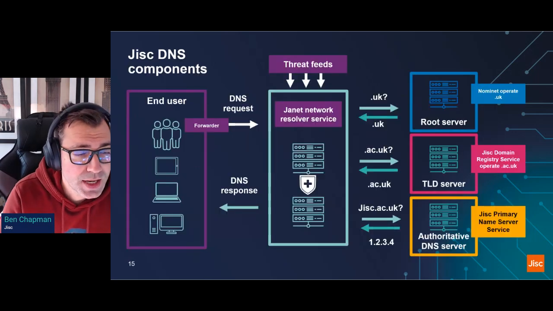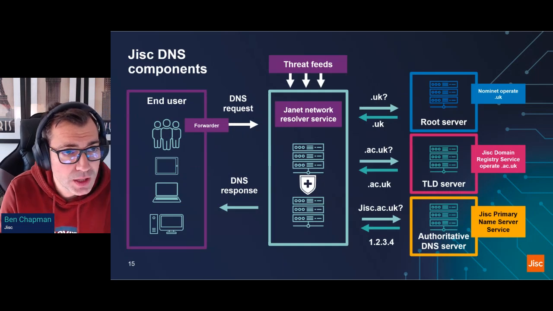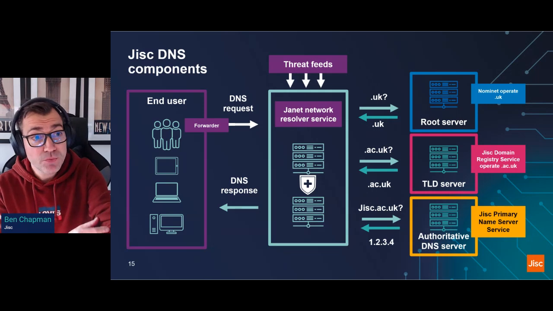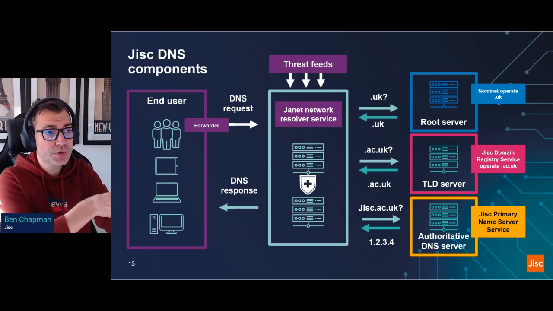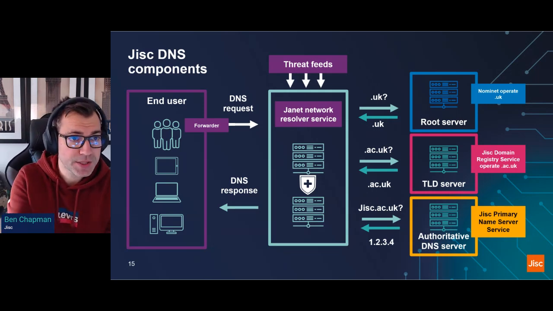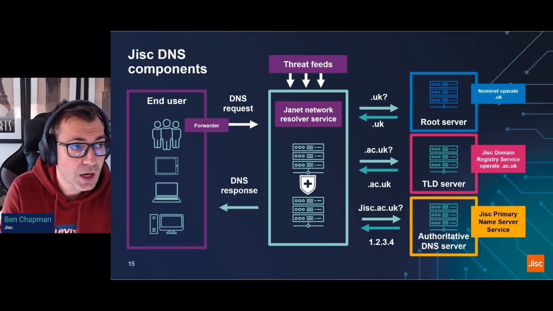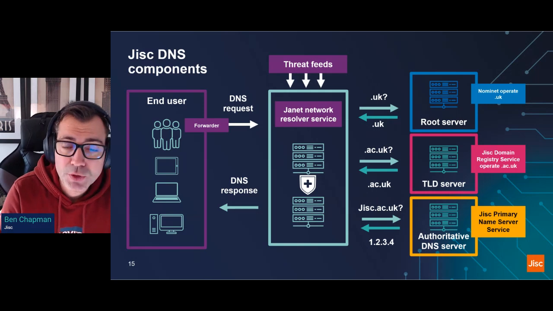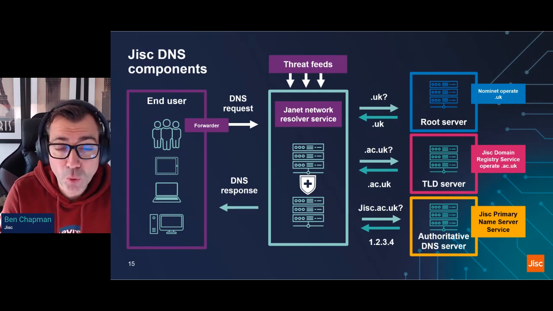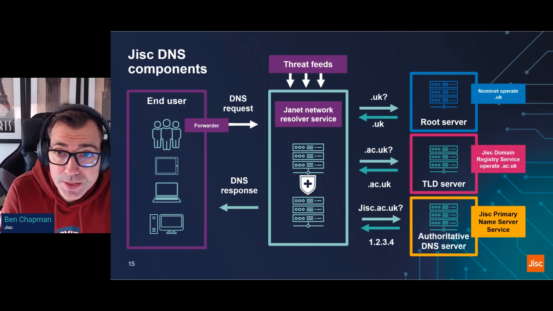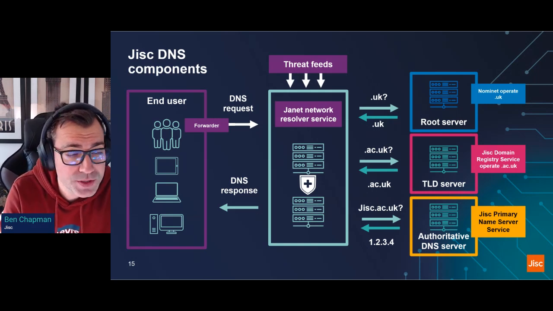So here's the DNS structure of all our systems: the primary name server service, the domain registry service for those that have ac.uk, and JNRS, our protective DNS service. As you make a request as an end user, your systems will forward that DNS request through a resolver. In this drawing, it's the Janet Network Resolver service.